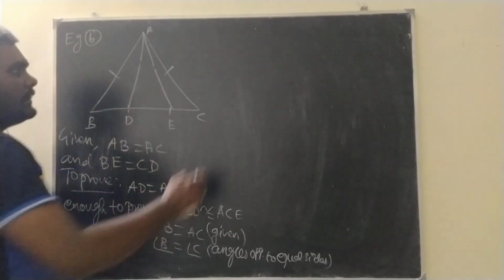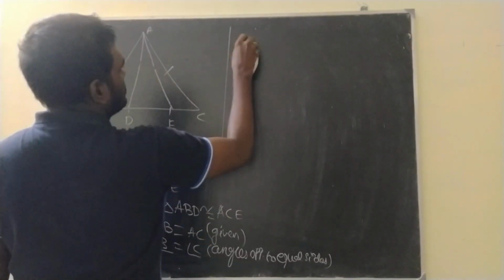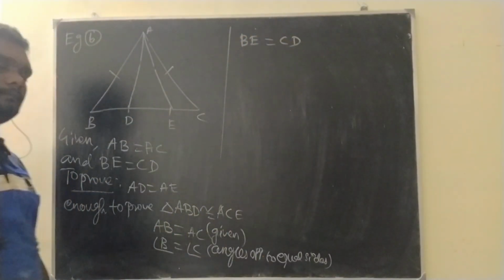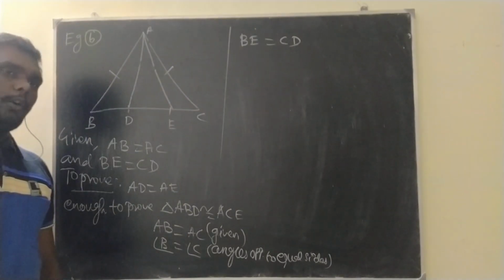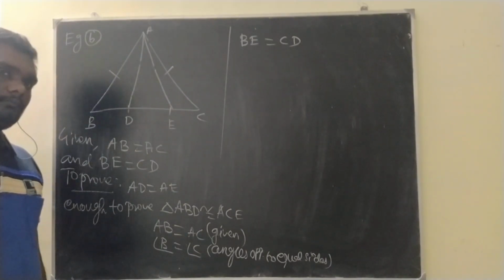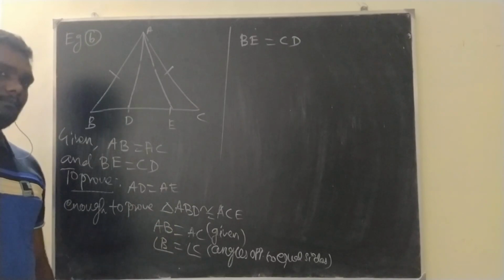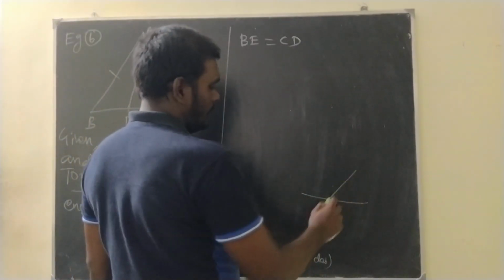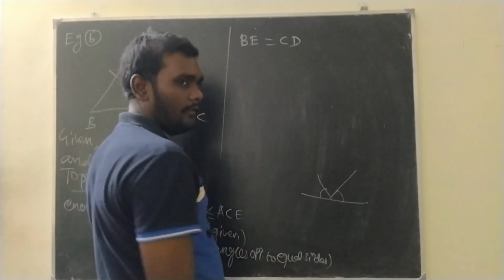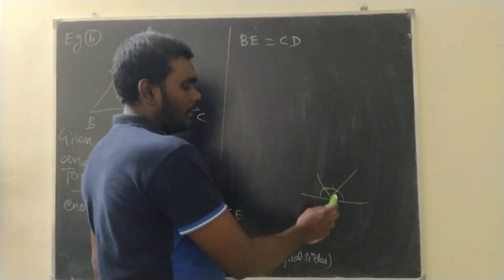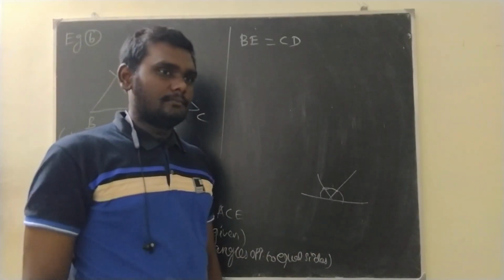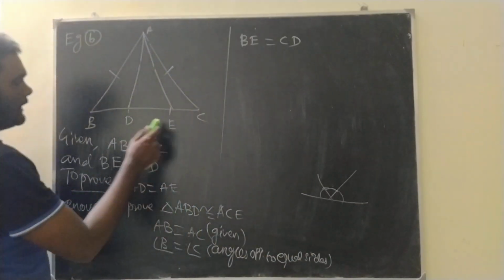See, we have this BE is equal to CD. Will that help? No. But somehow it will help. You remember that question? This angle and this angle we have. This middle part we took it common and we added that on both sides. Likewise, we have a common part here.